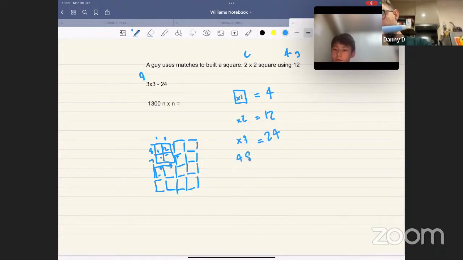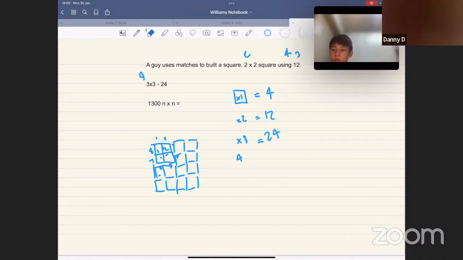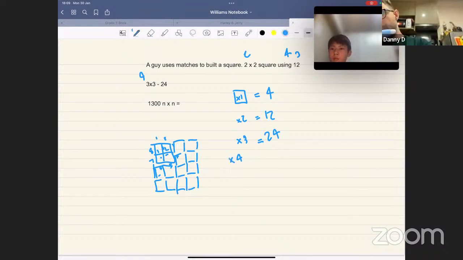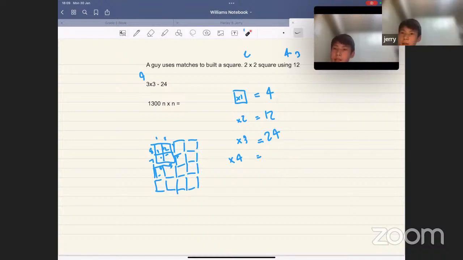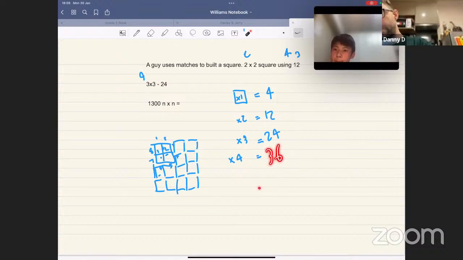Times 4 would be, well, we don't know. But if we look, we can see that there is a pattern between these numbers already. The difference here is 8 and then 10. So I'm thinking maybe the difference here might be 12, and it goes up like that. Have you worked that out? Yes. Is it 36? It's not though, or is it?